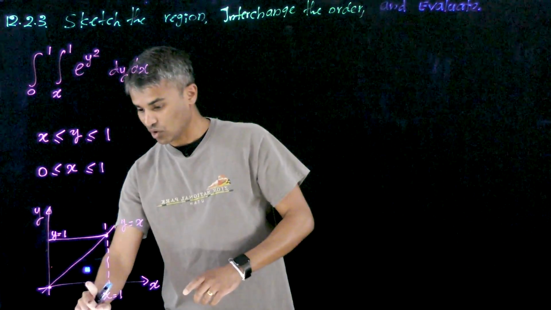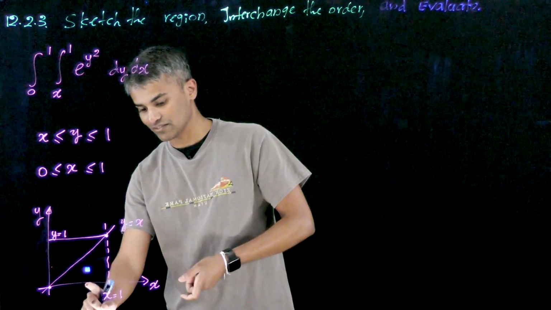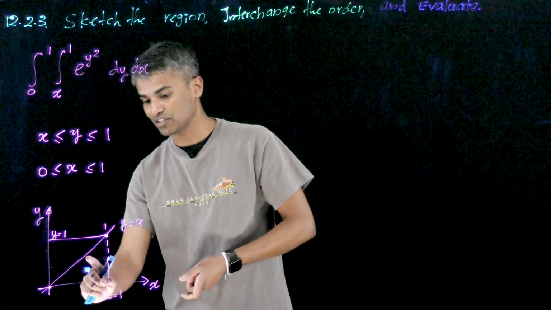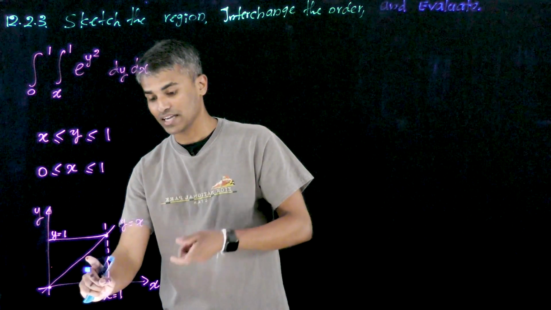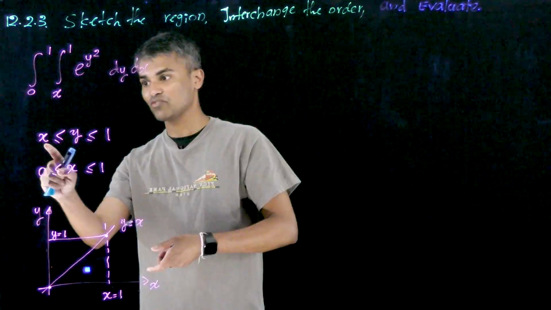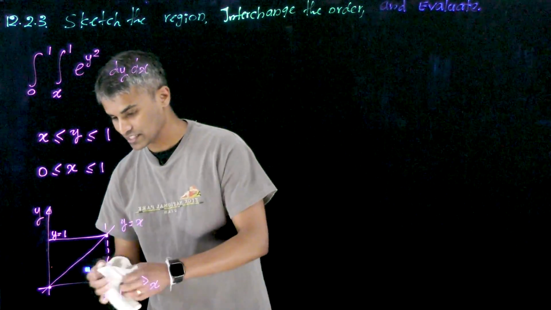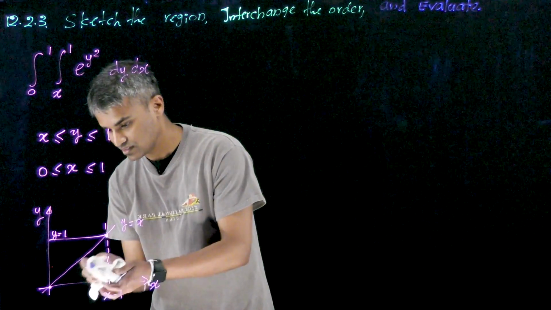If you fix the x coordinate and vary your y values, the lower limit of y is given by the x axis and the upper limit of y is given by the line y equals x. But this says the lower limit of y should be the line y equals x. So, our correct region of integration should be this part.